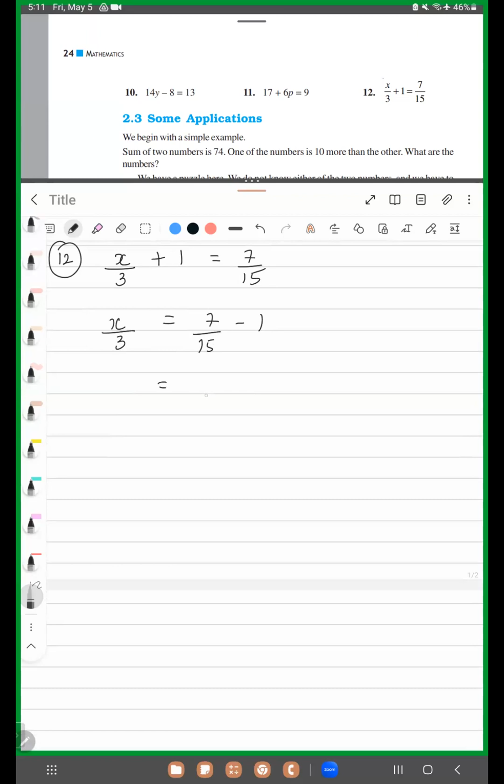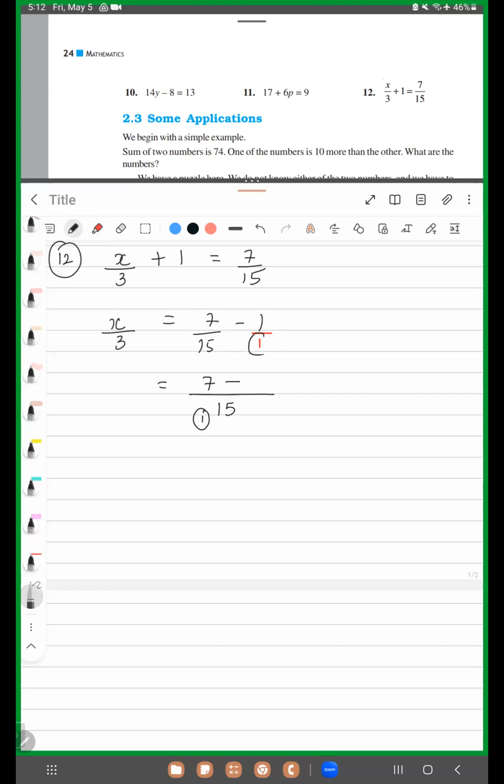It will be 6/15. X by 3 is equal to 6/15 multiplied by 3. No, not 6/15 बच्चे. What is the LCM? यहाँ पे denominator में there is 1, right? There's an imaginary 1 over 15 here. Denominator, sorry, LCM is 15. ठीक है. Now what does the numerator become? 15 into 1 is 15. So 7 into 1 is 7.